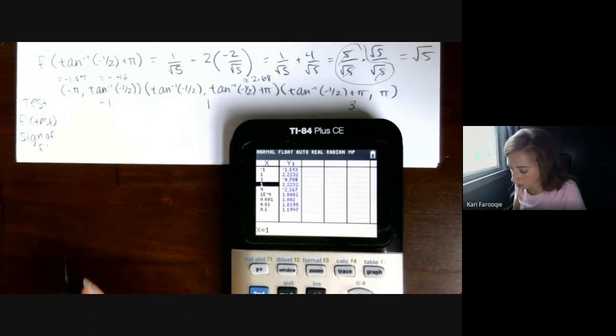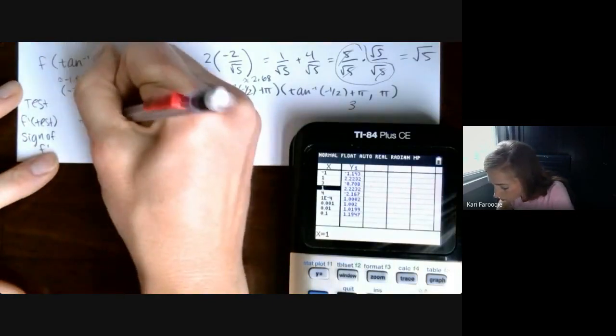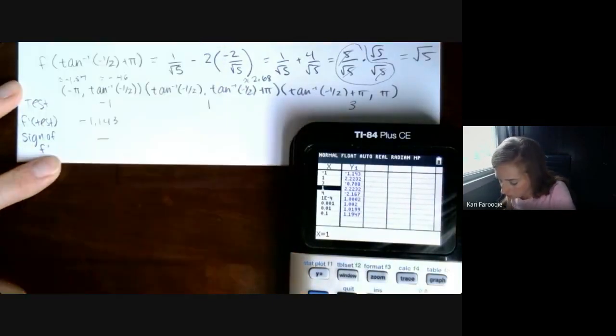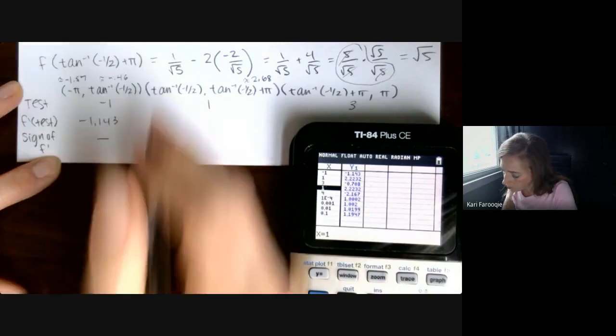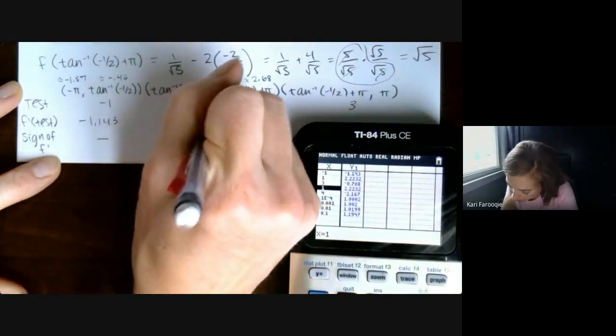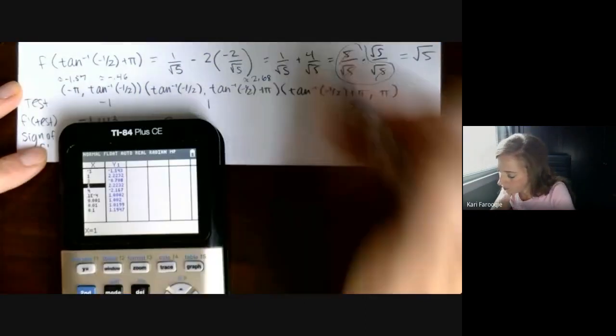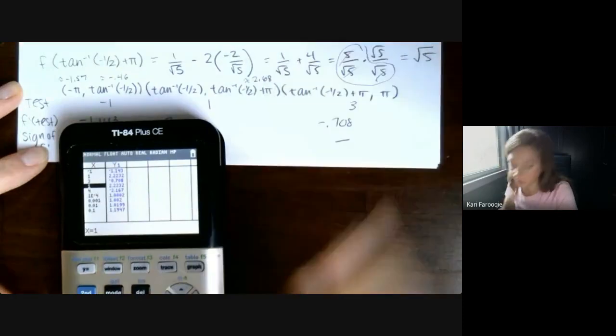All I really care about is the value, but I do want to know that you actually popped this into your calculator and checked it out. So -1.143 is negative. 2.2232 is positive, and -0.708 is negative.